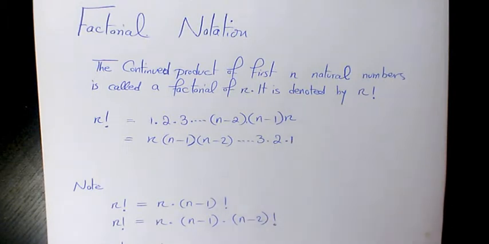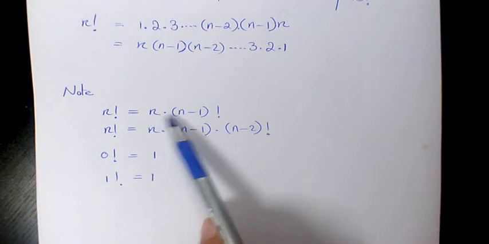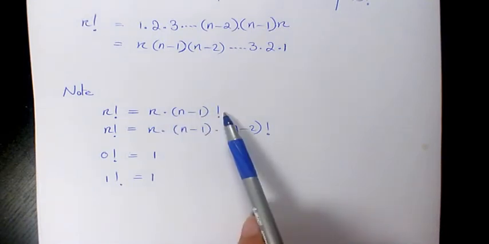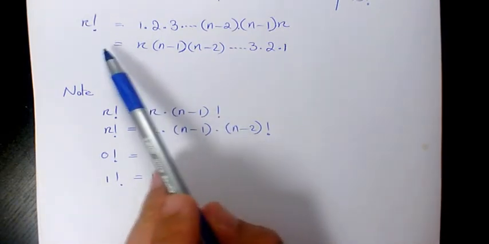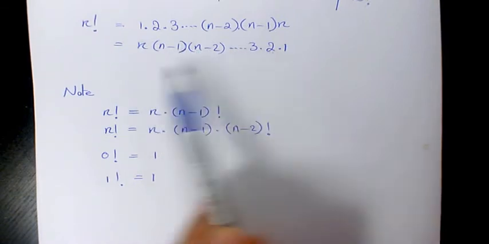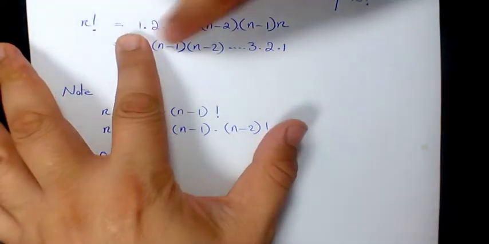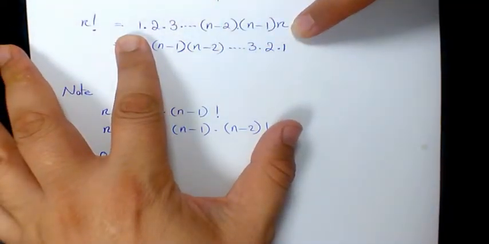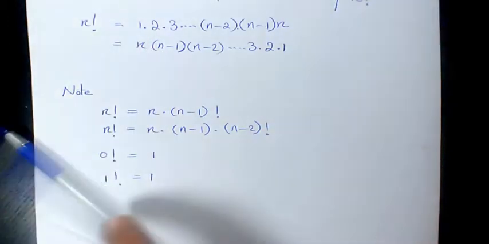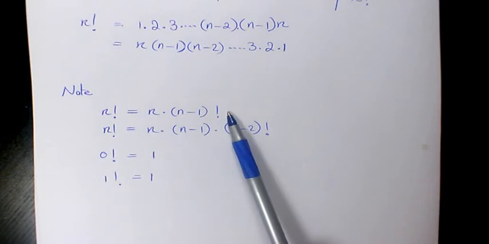There are some notes involved. N factorial equals n times n minus 1 factorial. What does that mean? If you go back in here, n factorial is n times n minus 1 times n minus 2. As you consider n in here, the rest of it looks like you get n minus 1 factorial. That's how it's defined. So n factorial equals n times n minus 1 factorial.